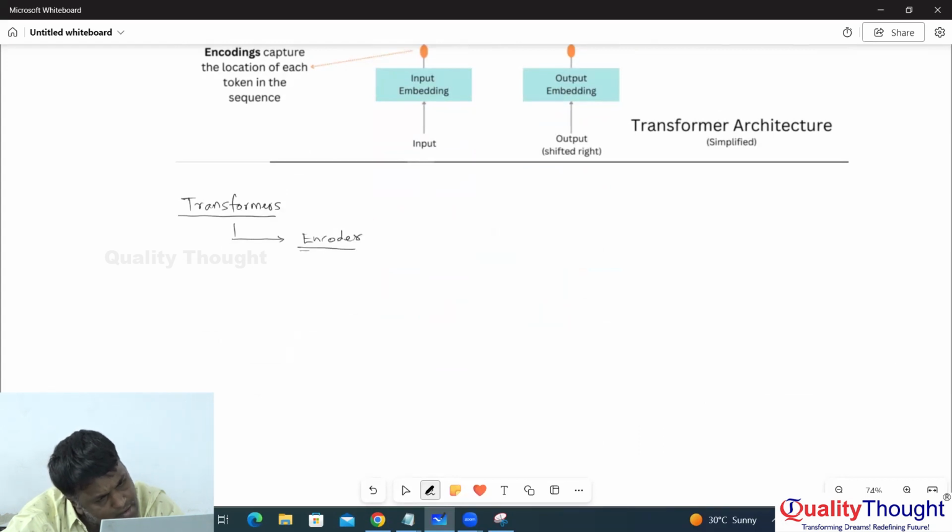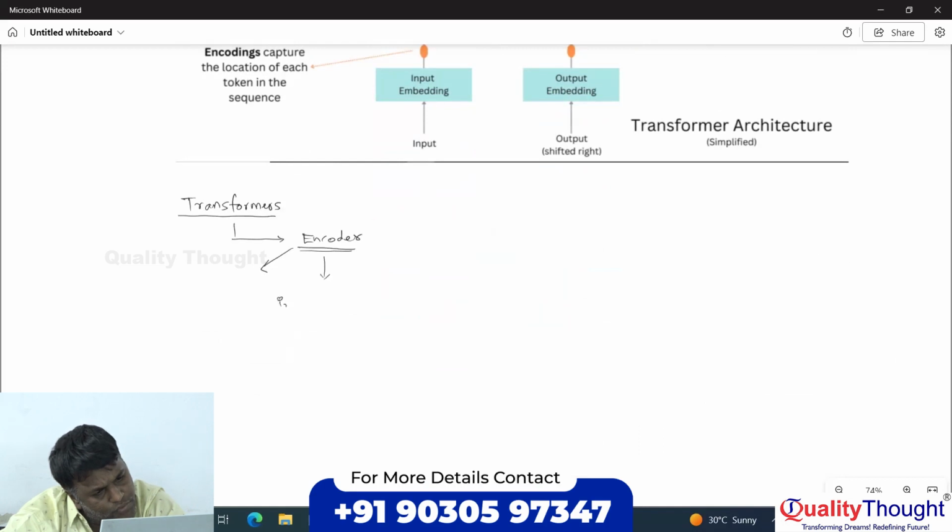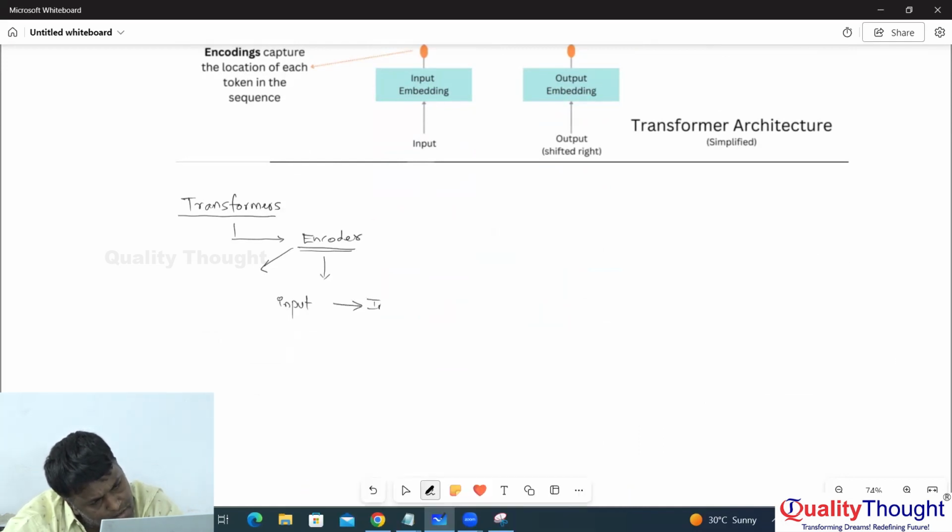What is this first piece? Encoder. What will the encoder do? Encoder block: what are the components we have? Input plus input embeddings.